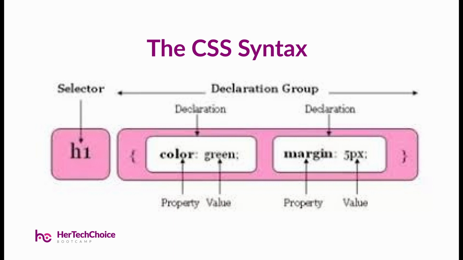The next thing we're going to be talking about is the general CSS syntax. A CSS rule should contain a selector and a declaration group. And this declaration group should be a key value pair of a property and a value. Depending on the type of styling you want to give your element or content, the property that you choose and the value you give it will determine how well it will come out.